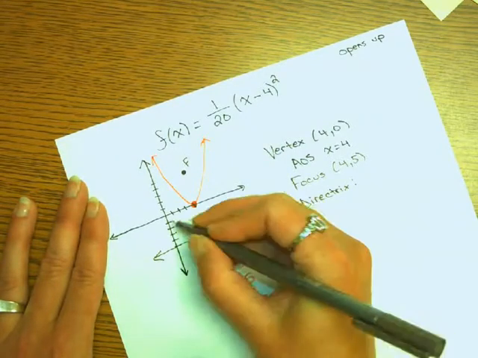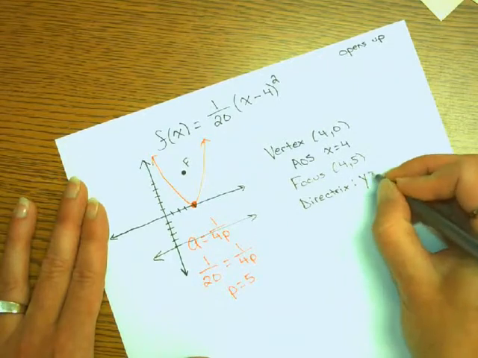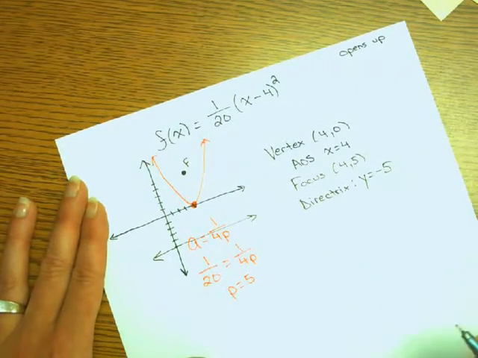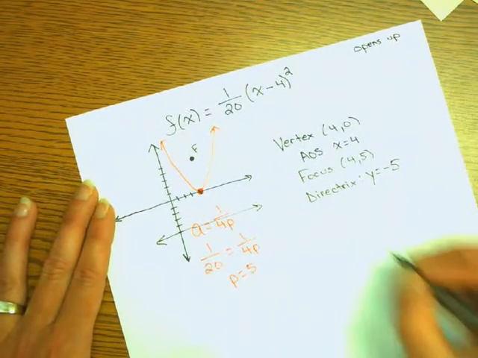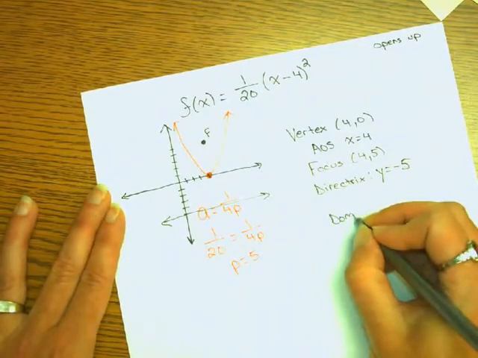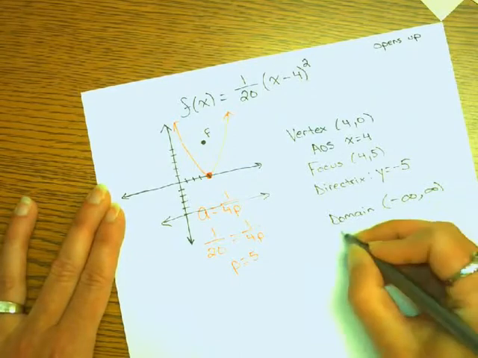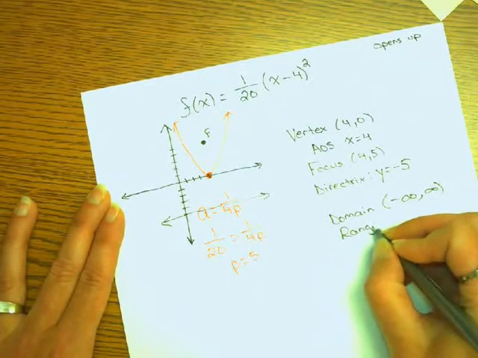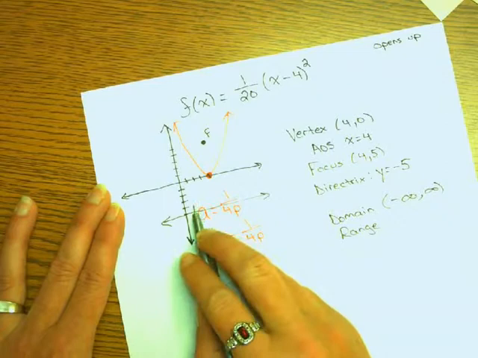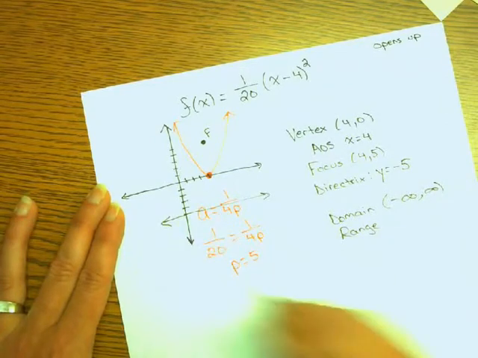So that's at y equals negative 5. What's the domain? Being silly, we know it's negative infinity to infinity. What's the range? This is a minimum at 0, and it goes up from there.